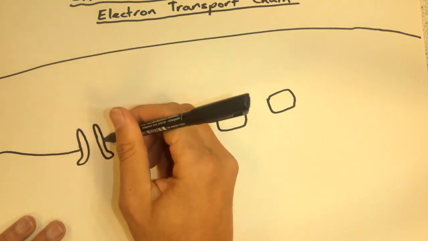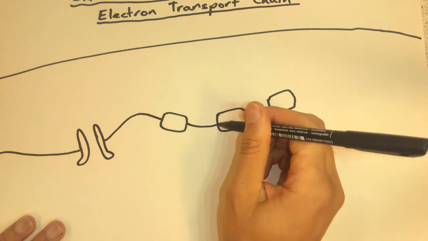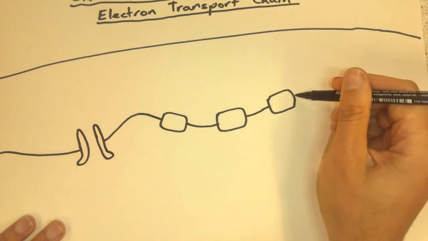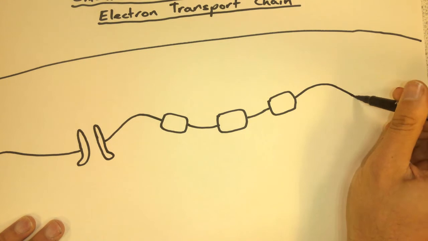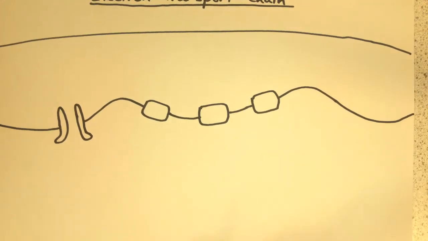of the mitochondria. And you can see I'm not particularly exaggerating those folds, those cristae, but they would be much more dramatic in order to increase the surface area of the inner membrane.